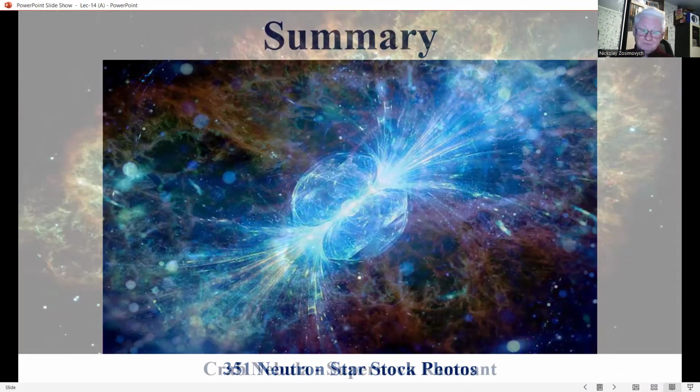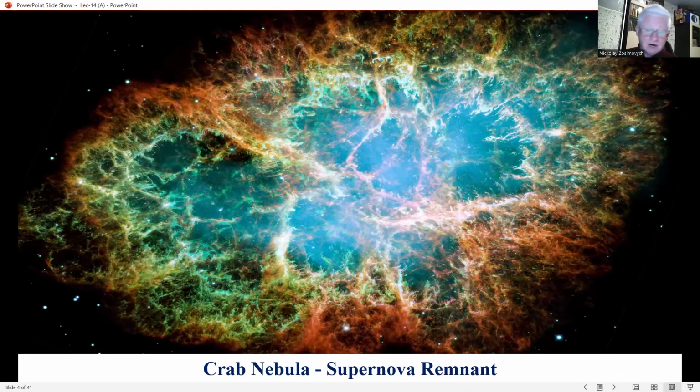Pulsars, rapidly pulsing radio sources, were discovered in 1967. The lighthouse model explains pulsars as spinning neutron stars that emit beams of radiation from their magnetic poles.